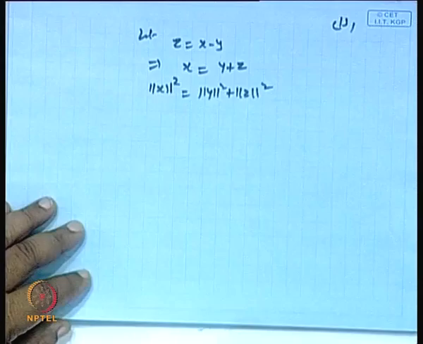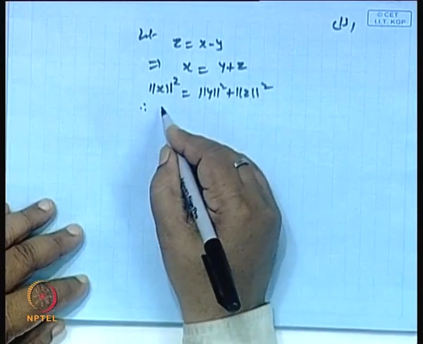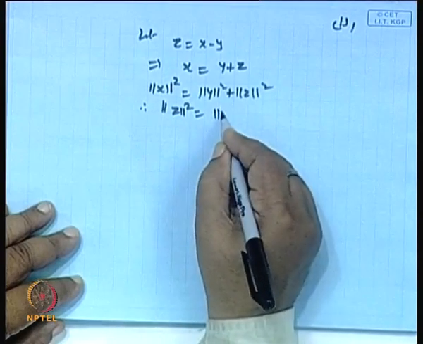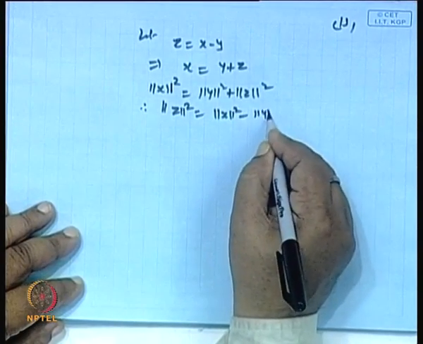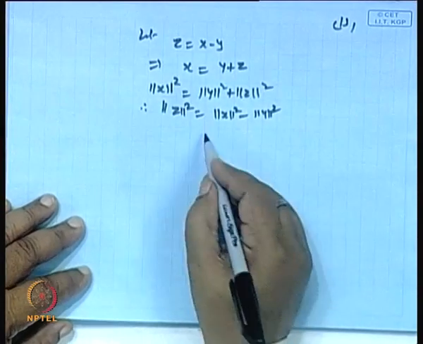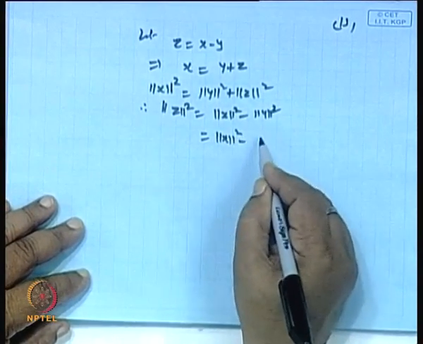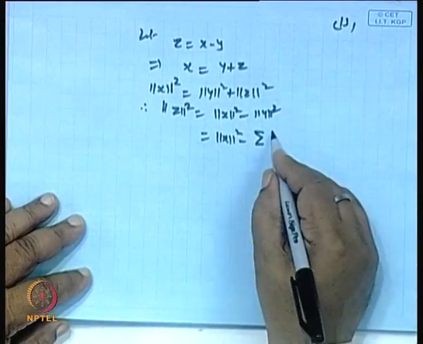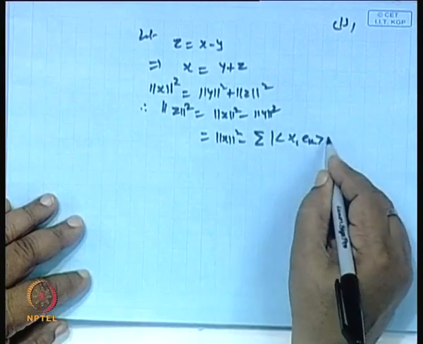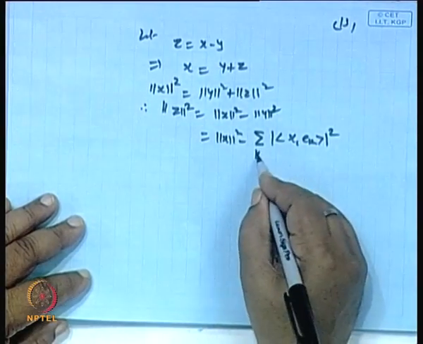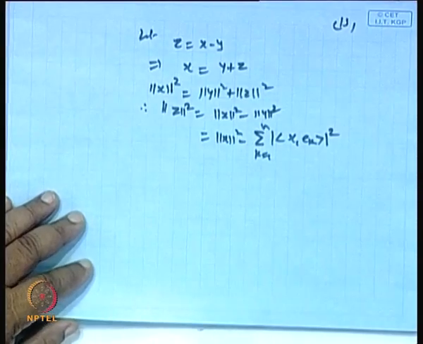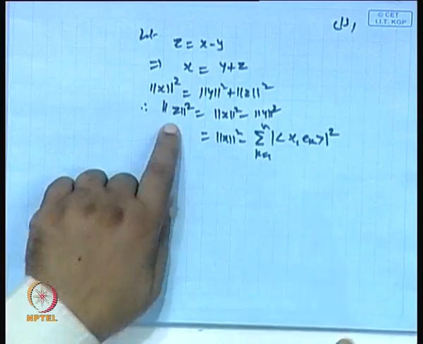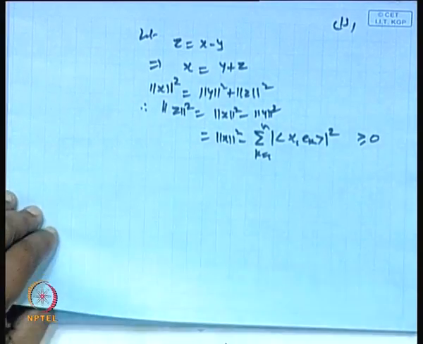Therefore, from here we get norm of z square, which is norm of x square minus norm of y square, and this is equal to norm of x square minus sigma modulus of x e k whole square, k equal to 1 to n. Clear?